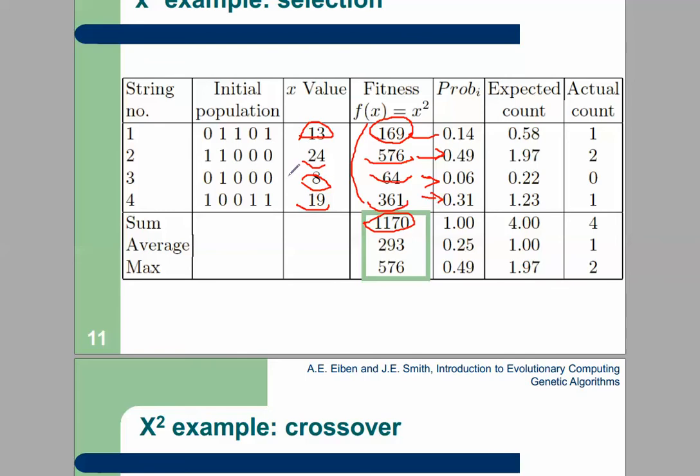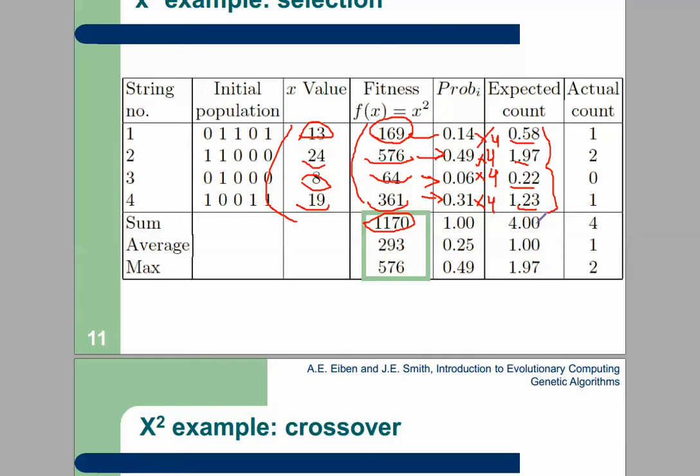If you want to select 4 elements, you can multiply this probability by 4, and the expected count is here, here, here, and here.